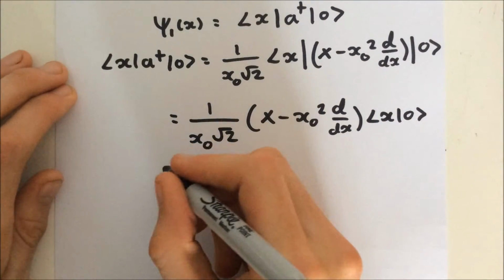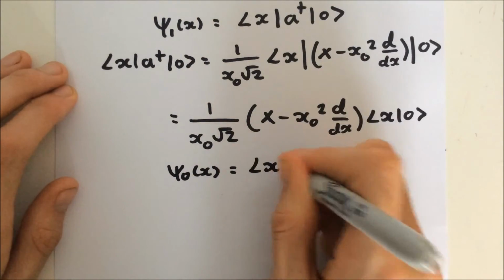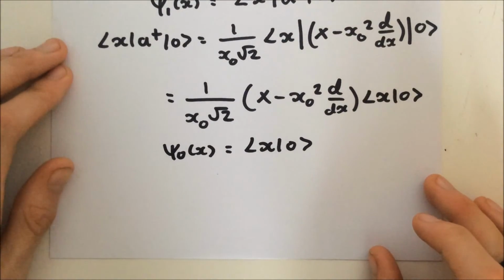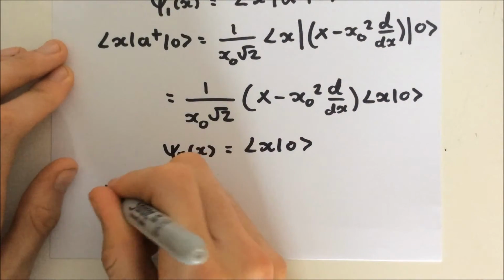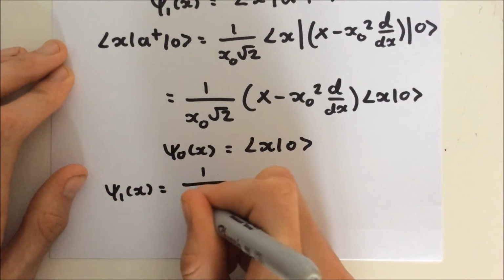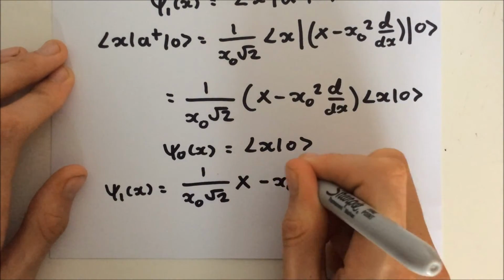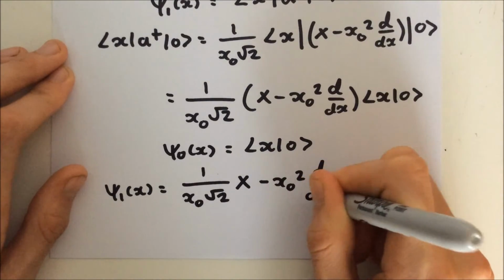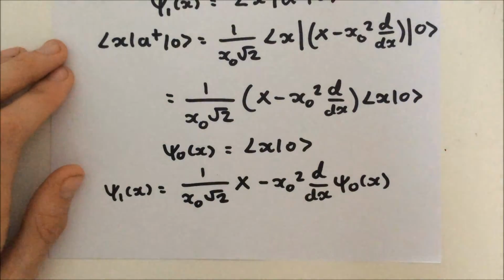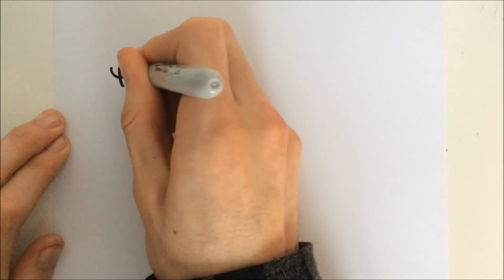Good, and as you might be able to see, psi naught of x is equal to the inner product of x and the ground state. And so therefore, psi 1 of x is going to equal 1 over x naught root 2 times x minus x naught squared times the derivative with respect to x of psi naught of x. So we can therefore simplify it slightly.